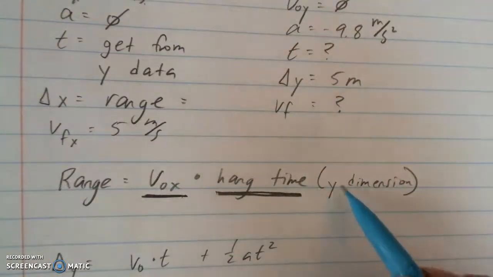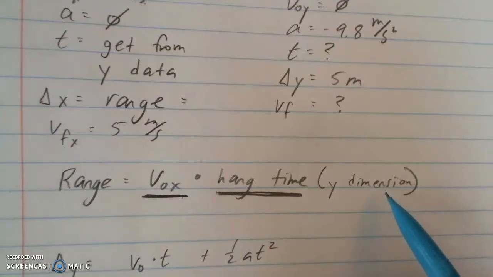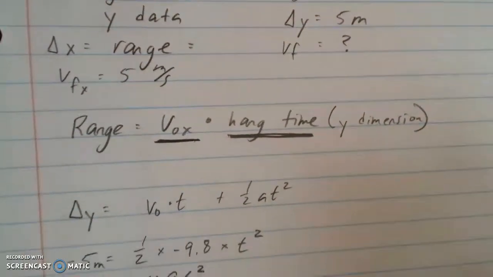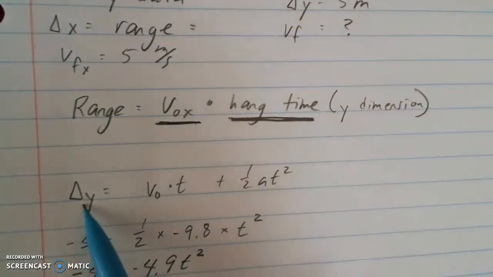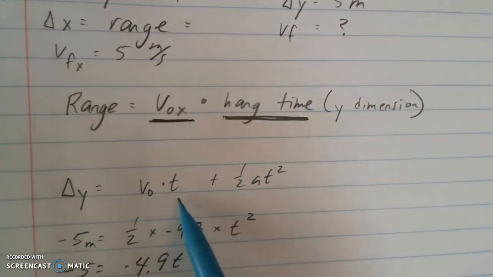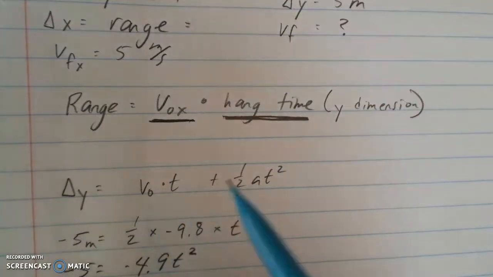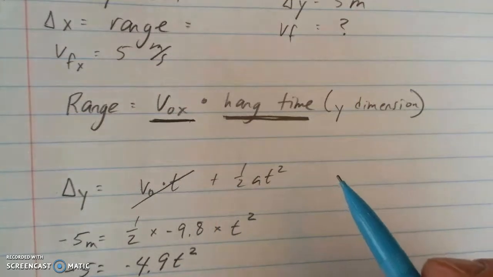And so that hang time, like I set up earlier, comes from information in the y dimension, basically due to gravity. And so we begin by taking a look at one of our kinematic equations. This should look familiar. Our displacement in the y dimension is our initial velocity in the y dimension times the hang time, plus 1/2 a t squared. Our initial velocity in the y dimension is 0, so that term will be erased.